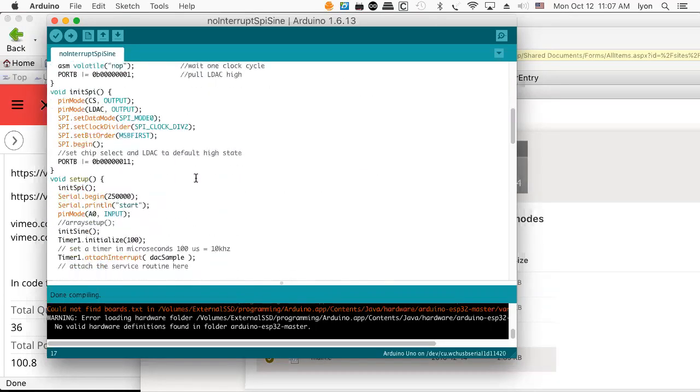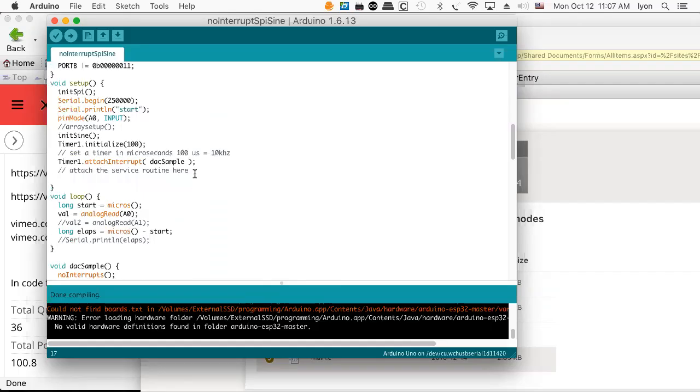Using this calculator now, I take the 10 kilohertz sample rate and divide by 128. If you sampled every single sample, you'd be outputting a waveform at 78 hertz.